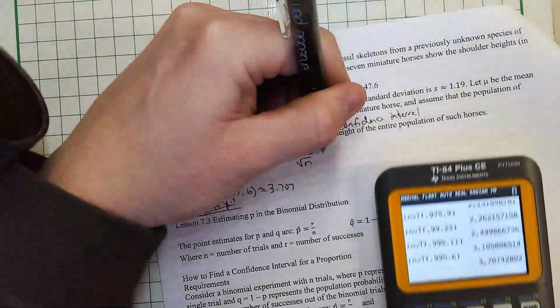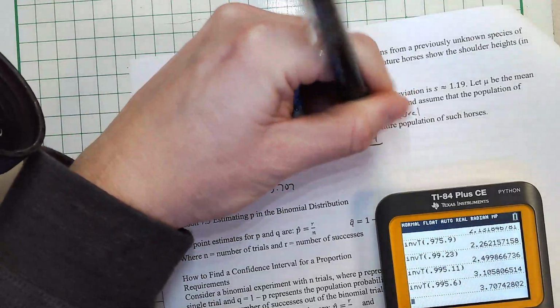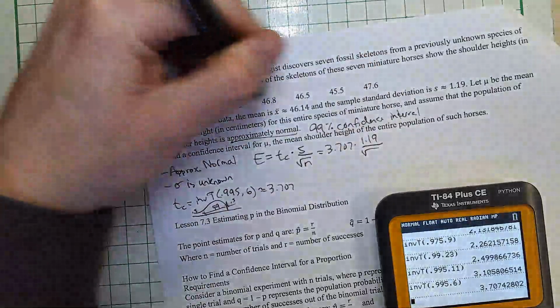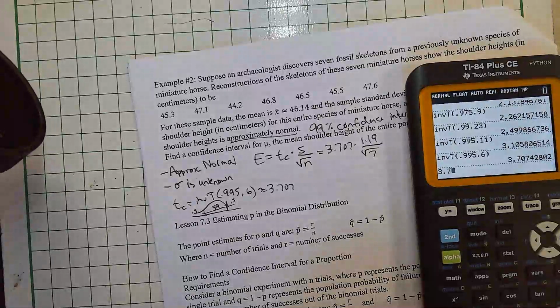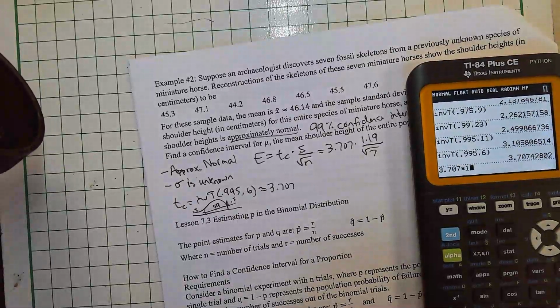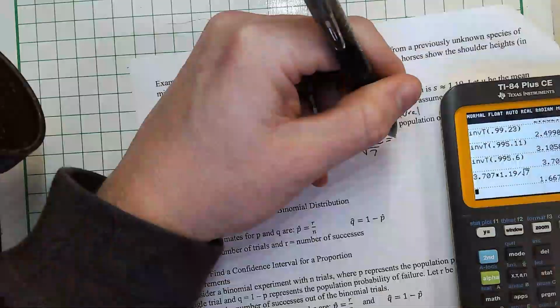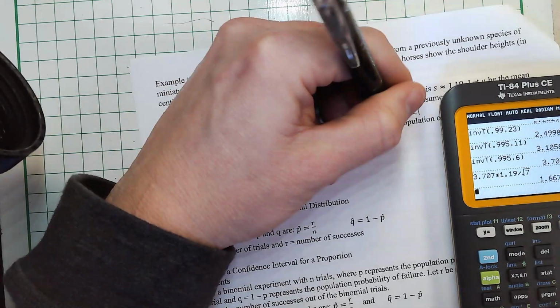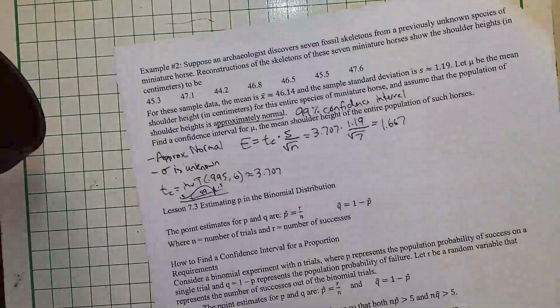That's my critical value. Standard deviation is 1.19, divided by the square root of n. My n is 7. So 3.707 times 1.19 divided by the square root of 7 gives 1.667. So that's my margin of error.